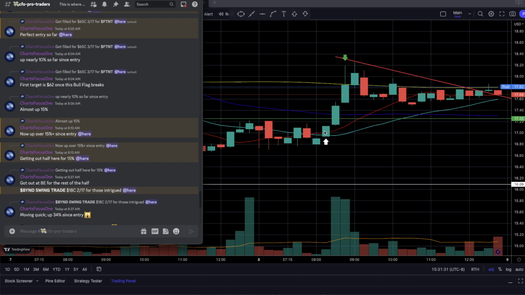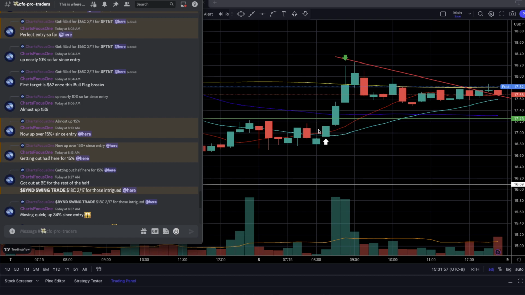And we got in very, very slightly underneath $17, which was an early entry. Because if you want a confirmation entry, we want to be able to see a run over or break over 17.20-ish, or specifically 17.25, which is our major level of resistance on the weekly and on the daily time frame.